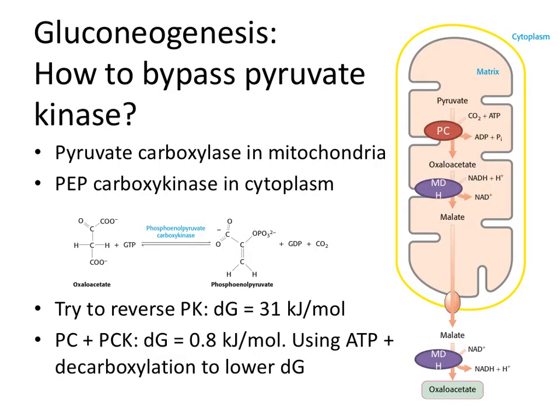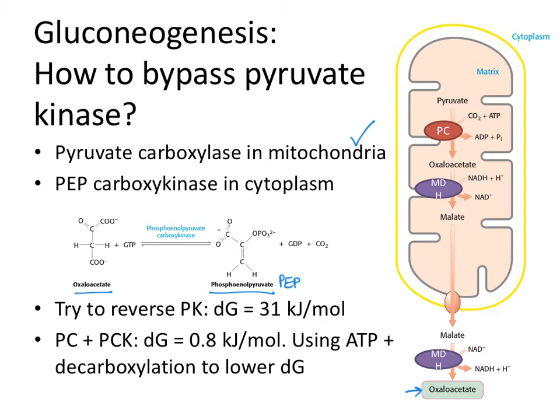All right, we've just talked about pyruvate carboxylase in the mitochondria. Once we get this oxaloacetic acid made from pyruvate carboxylase into the cytoplasm, we need to turn oxaloacetate into PEP, or phosphoenol pyruvate. In order to do that, we use phosphoenol pyruvate carboxykinase.